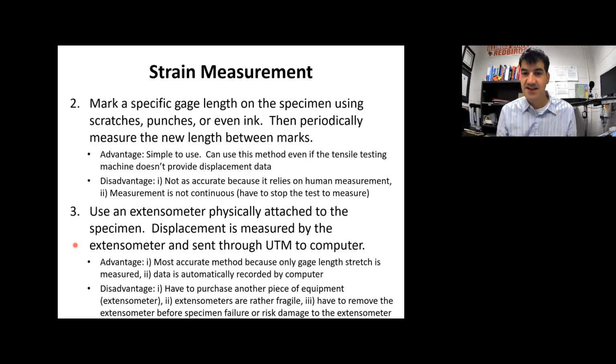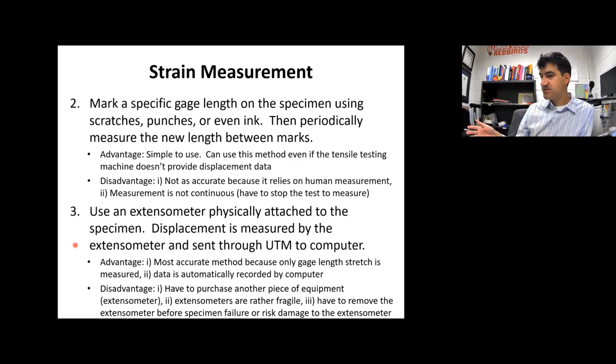The other thing is that extensometers are pretty fragile, and in fact they are so fragile that we're actually going to stop the test and remove the extensometer before the specimen breaks.